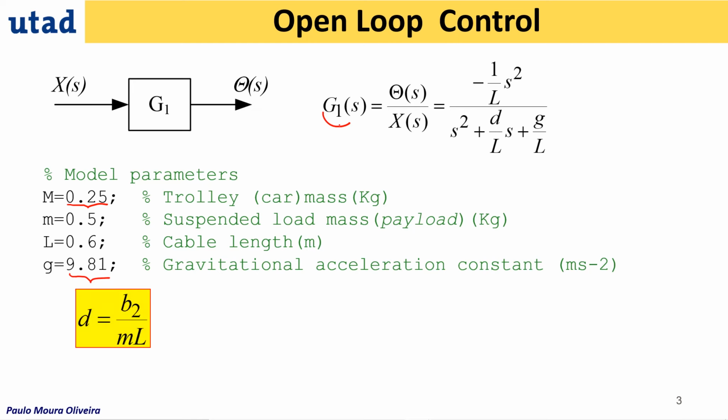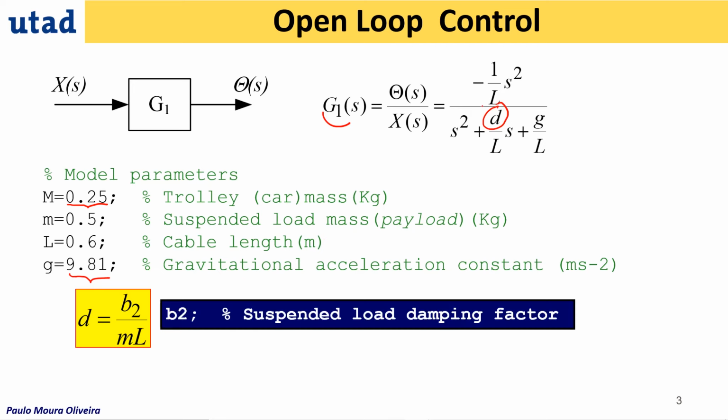We are going to evaluate this damping factor for the model, D, and this D depends on B2, which is the suspended load damping factor. With several values of the damping factor, we can have several didactic simulations.